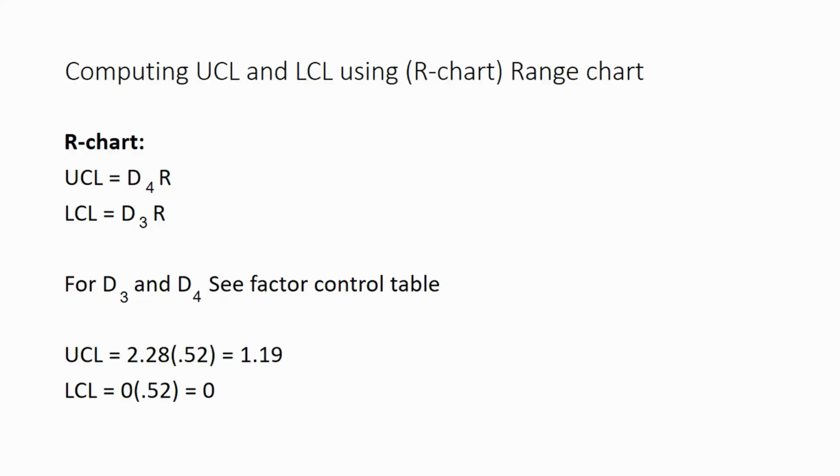We substitute the values in our formula. The result is an R chart with an upper control limit of 1.19 and a lower control limit of 0.